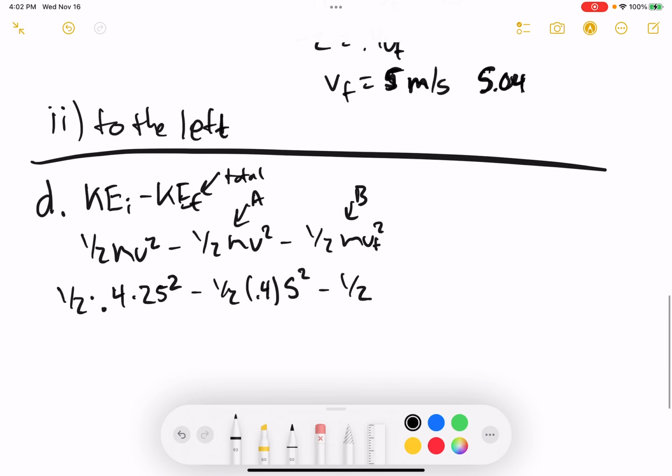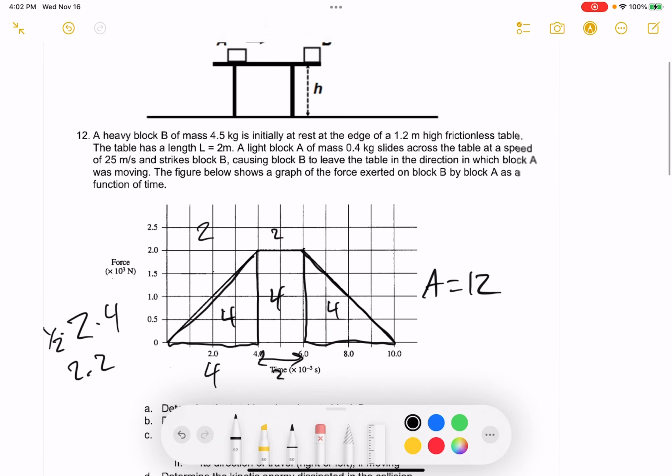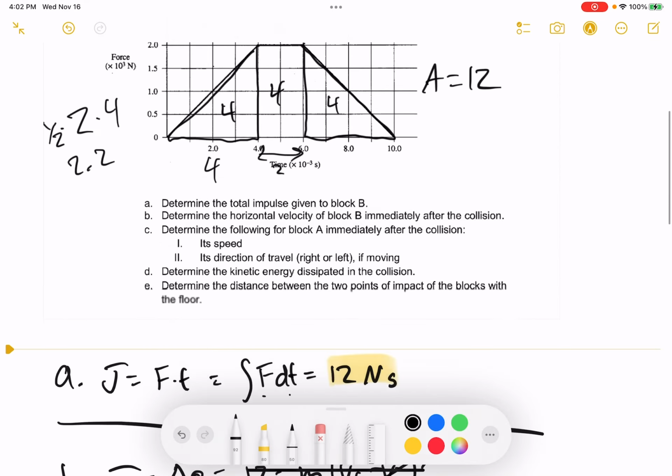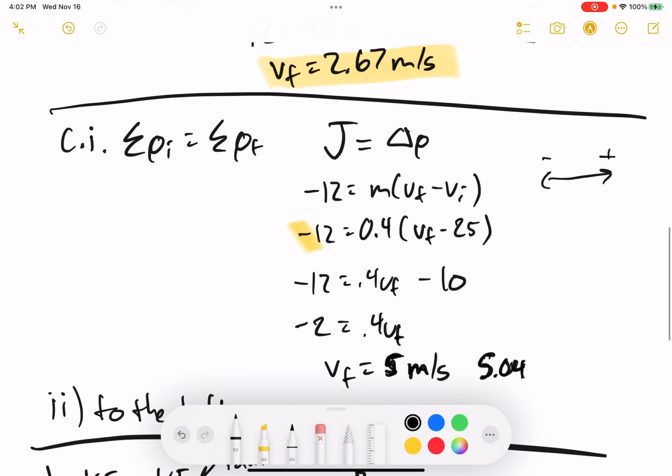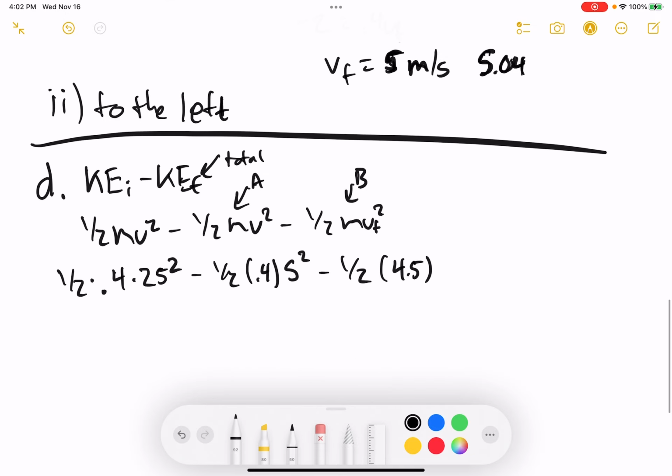And then minus 1/2, this one was significantly heavier, so that was 4.5 kg, and my velocity was 2.67 squared. So I have 0.5, let's type some of this into the calculator.